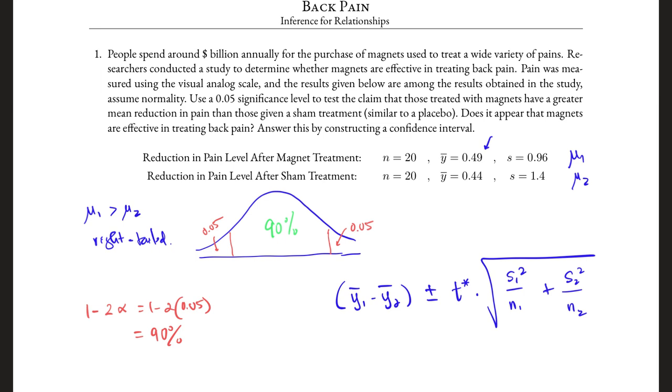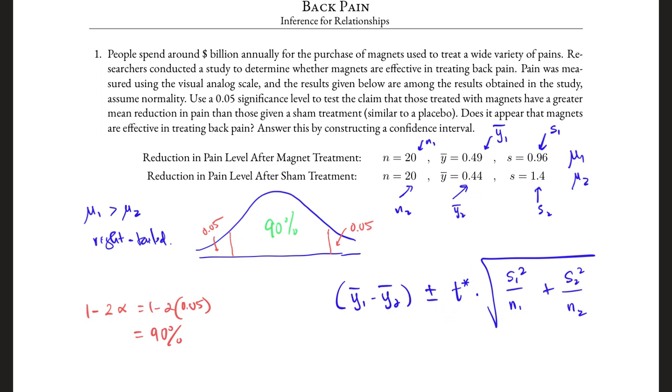Here y1 bar is 0.49, y2 bar is 0.44, s sub 1 is 0.96, s sub 2 is 1.4, n sub 1 is 20, and n sub 2 is 20. And so we have y1 bar, y2 bar, s sub 1, n sub 1, s sub 2, n sub 2. We just need to find the critical value t.